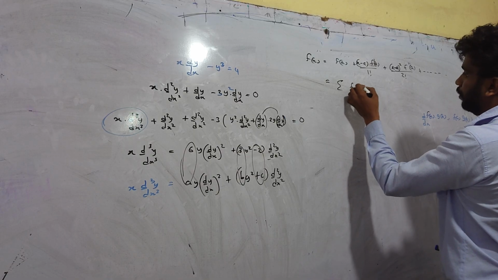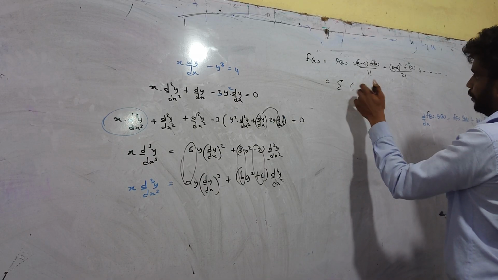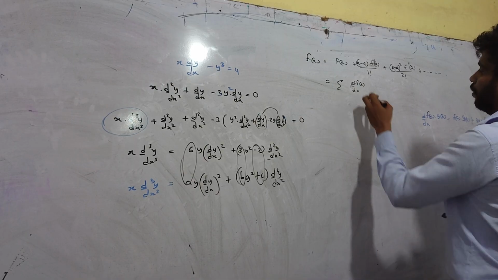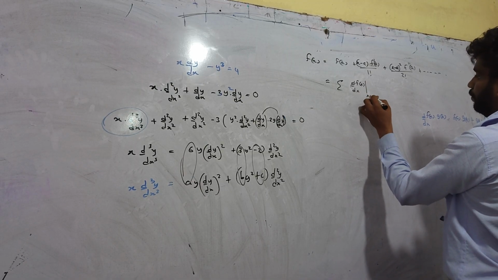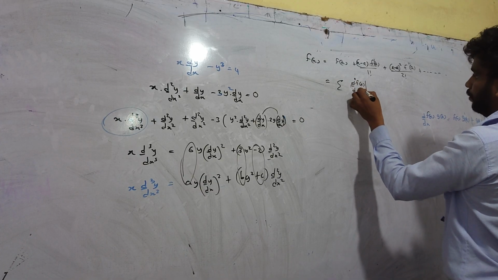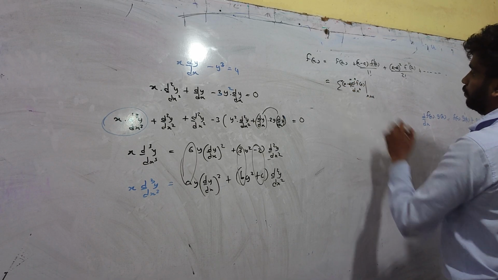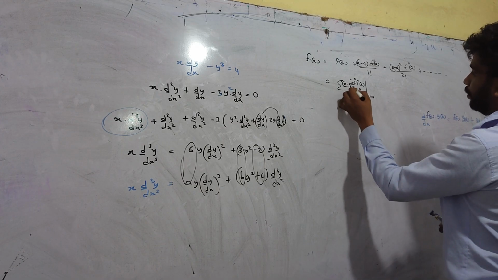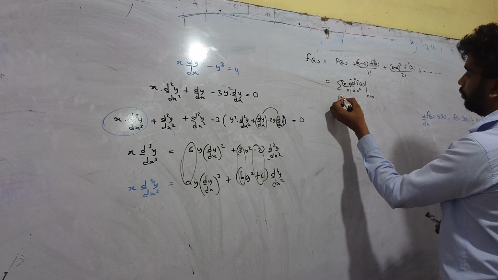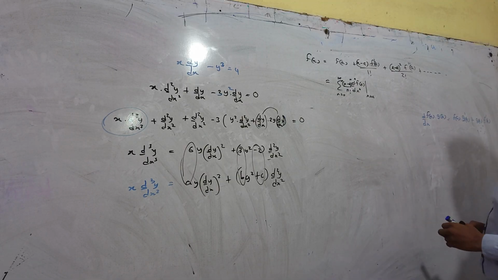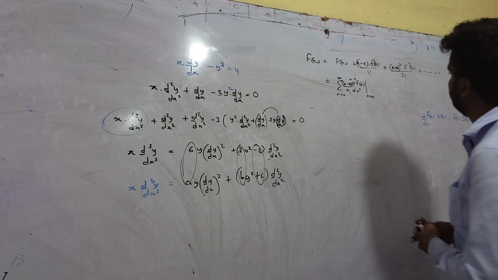Otherwise, the sum of the nth derivative of f of x at a, with n from 0 to infinity. That is the Taylor series, right?